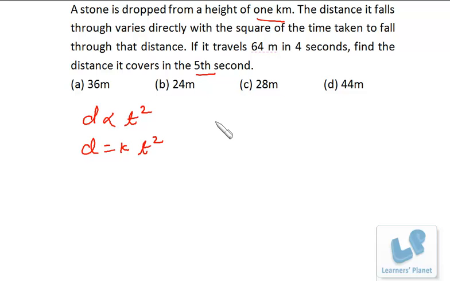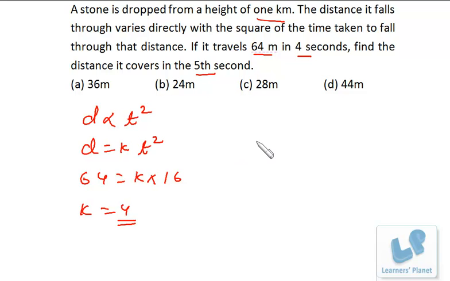Now we have been given that when the distance is 64 meters, the time is 4 seconds. So let's find out the value of this constant. So 64 is equal to k into t square, that is 16. So k is equal to 4.